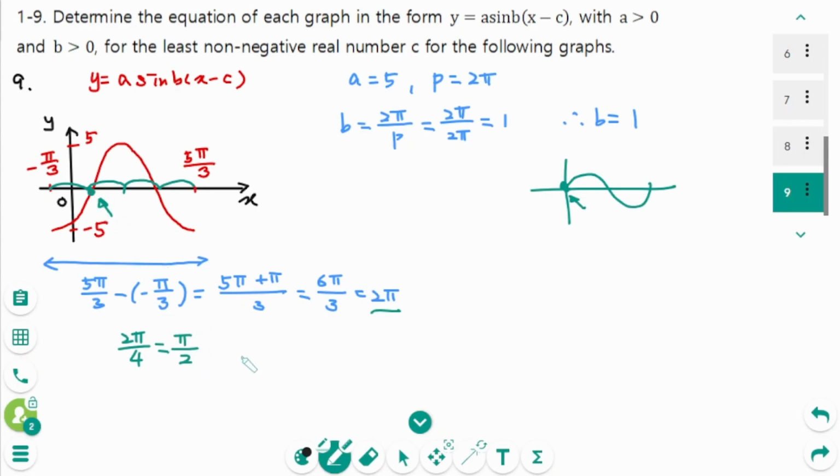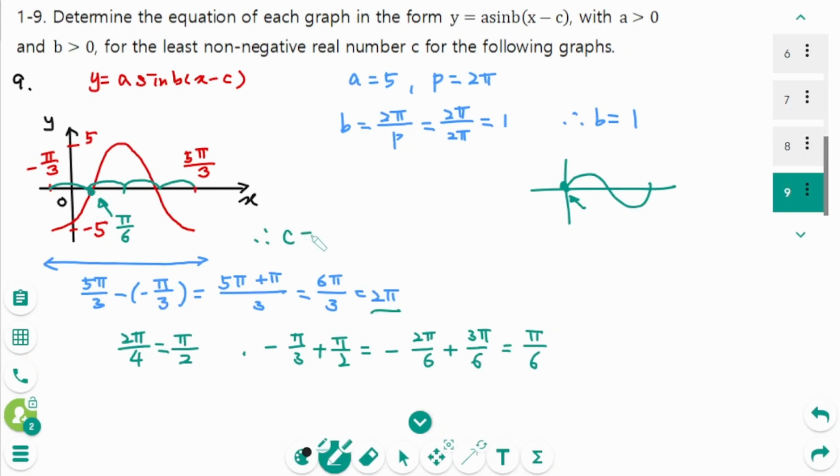So this one is minus pi over 3 plus pi over 2. Then the common denominator, which is 6. Then minus 2 pi and plus 3 pi. The sum is pi over 6. So the starting point is pi over 6.